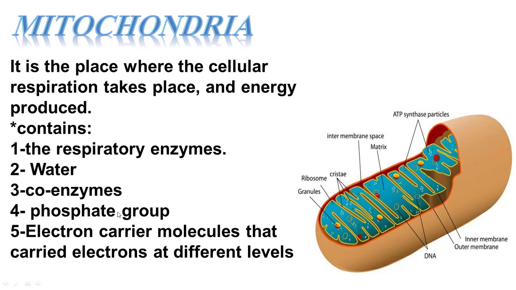Then a phosphate group to build up ATP, and electron carriers, which carry electrons. From chemistry you studied that electrons can be excited, carry more energy and turn into active electrons, and by losing that energy they go back to their stable state, and this energy can be stored inside ATP molecules for later need.